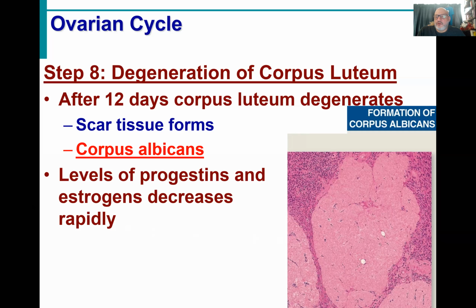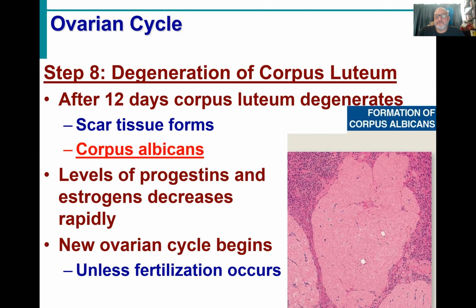Obviously, we're no longer producing estrogen and progestins. So without the estrogen and progestins, there's no more inhibition. We can start producing follicle stimulating hormone again. And with new follicle stimulating hormone, a new cycle begins. Unless fertilization occurs, and that, of course, disrupts this process, but we'll talk about that later.